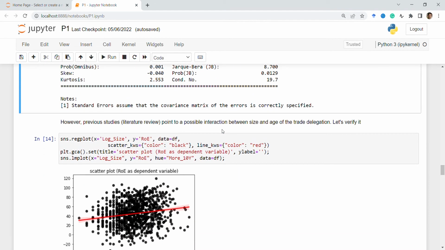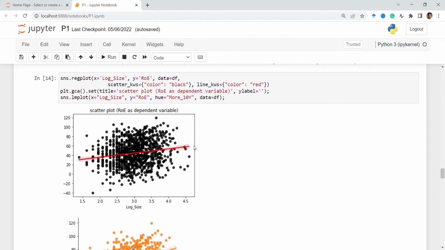So maybe there is an interaction between the size and the age of the office. So here we have the fitting that we had, and we see that there is a lot of dispersion, and probably we will not be able to make a very good model anyway. We will see at the end.